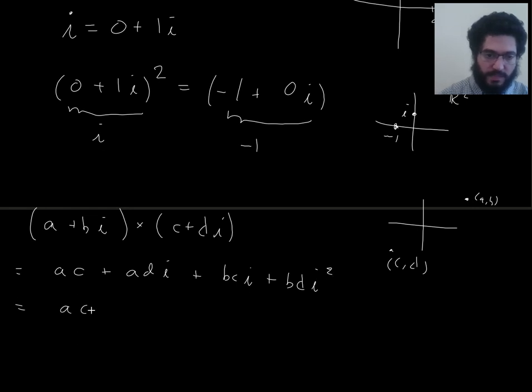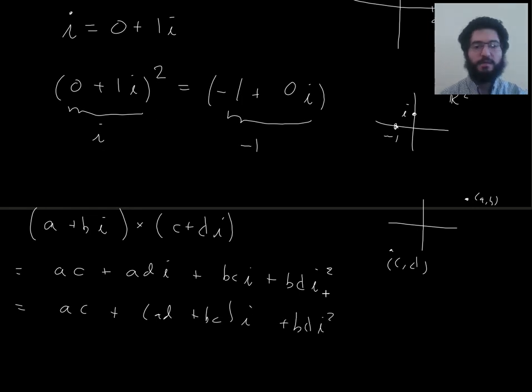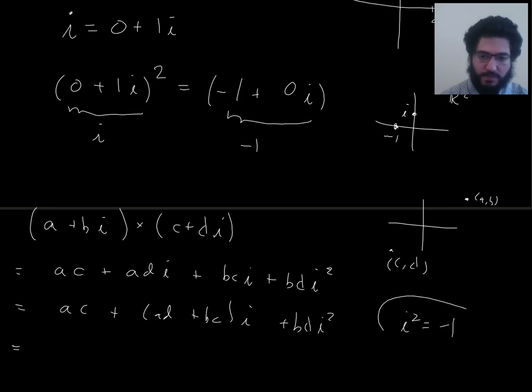So in other words, AC plus AD plus BC all times i, plus BDi squared. And then I want you to only use the rule i squared equals -1. That's the only rule you need, and that will tell you exactly how to multiply any two dots in the plane. So if you use the rule i squared equals -1, then this becomes -BD. So this is the rule that you need to remember, and that's it.